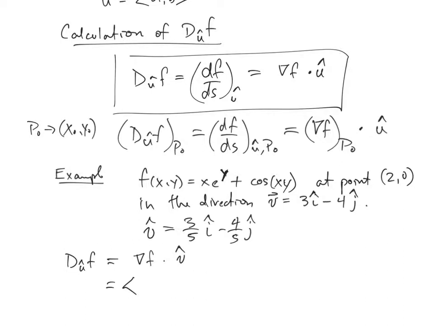The first component is the partial derivative of our function with respect to x, which is going to be e to the y plus the derivative of cos xy, which is negative sine xy, times the derivative of what's inside, which is simply y.